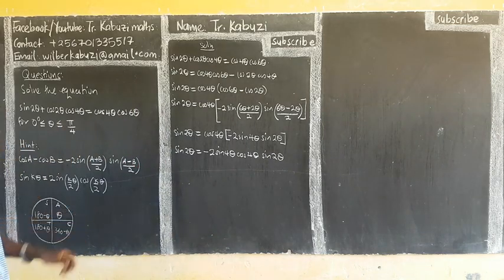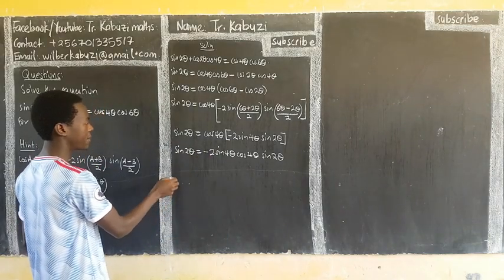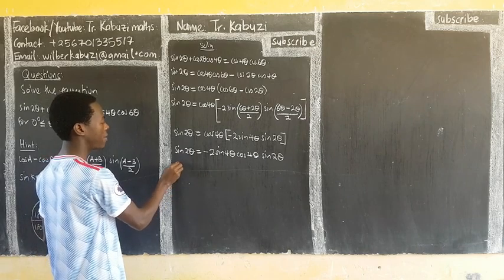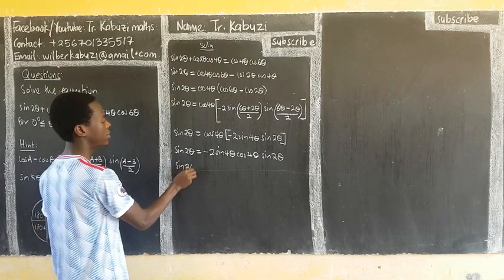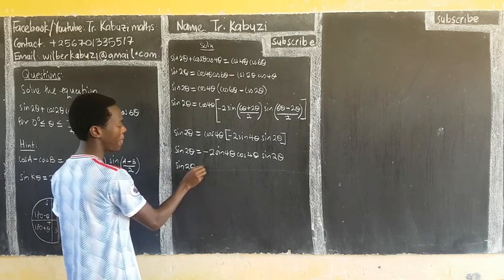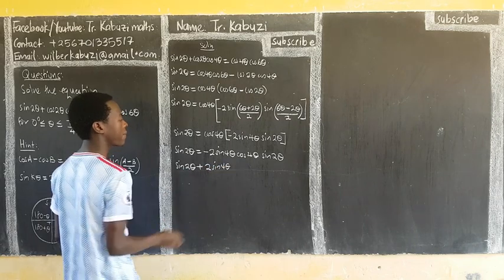I want to apply this idea here. So let me bring everything inside, and we'll have sine 2 theta, which I think is going to be common, plus 2 sine 4 theta.